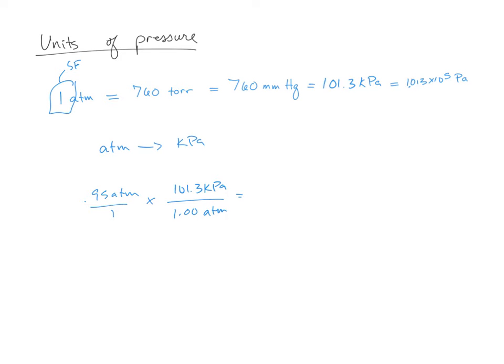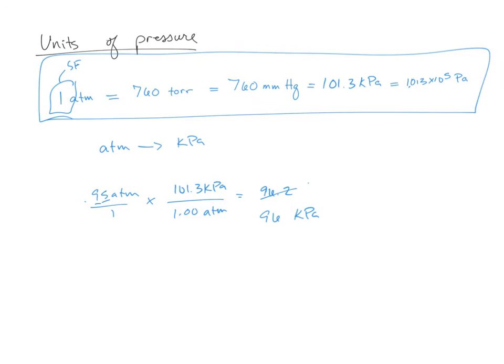This is an example of a type of conversion you would have to do. If you did this conversion, you would end up with a measurement of 96.2. And because there are only two significant figures, you have 96 kilopascals. All right, so pressure is one of the qualities for gas laws.